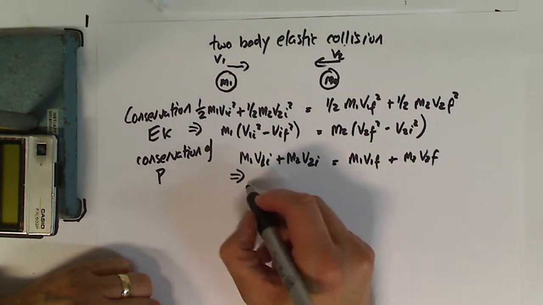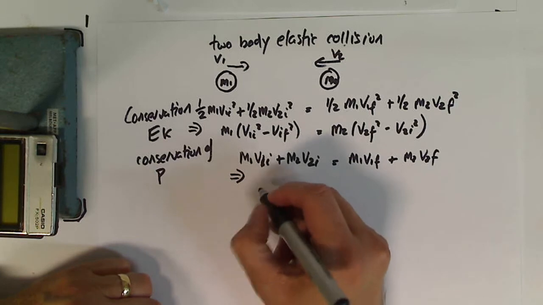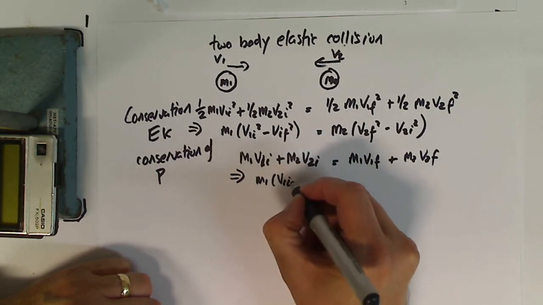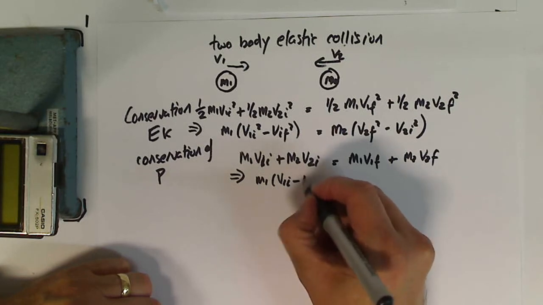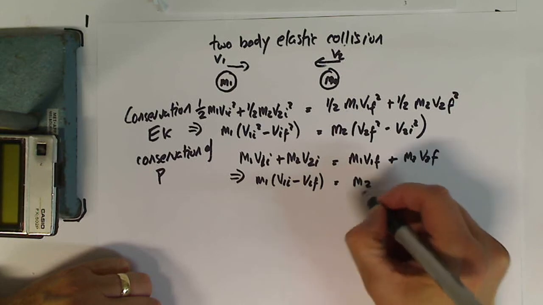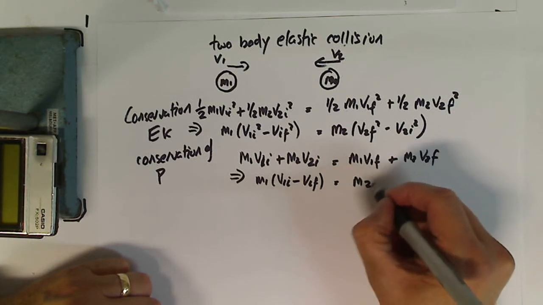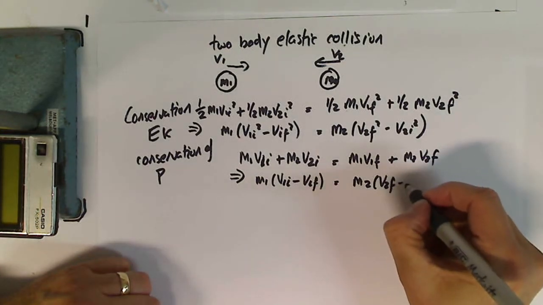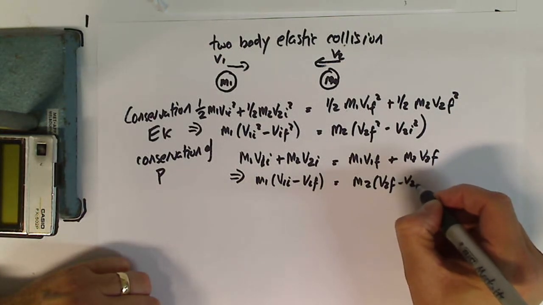That's going to give us an equation which basically says M1 times V1 initial minus V1 final is going to be equal to M2 times V2 final minus V2 initial.